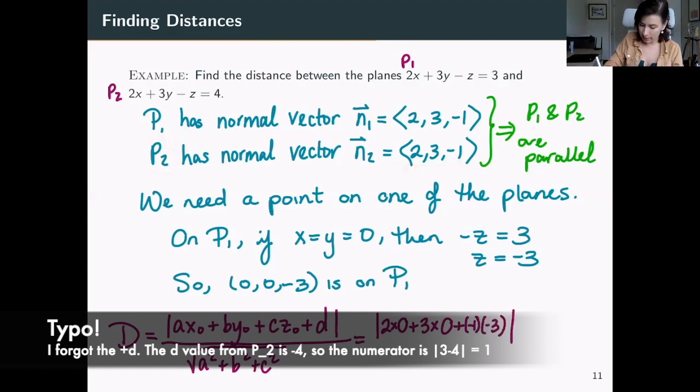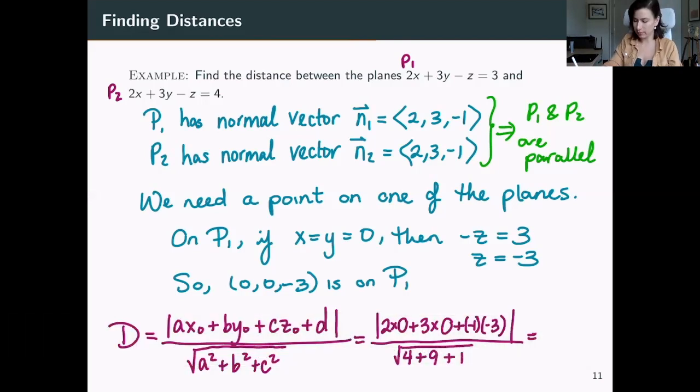And then in the denominator, we have the magnitude of the normal vector, which is going to be the square root of 4 plus 9 plus 1. And after a little bit of arithmetic, this will all simplify down to 1 over the square root of 14 as the distance between these two planes.